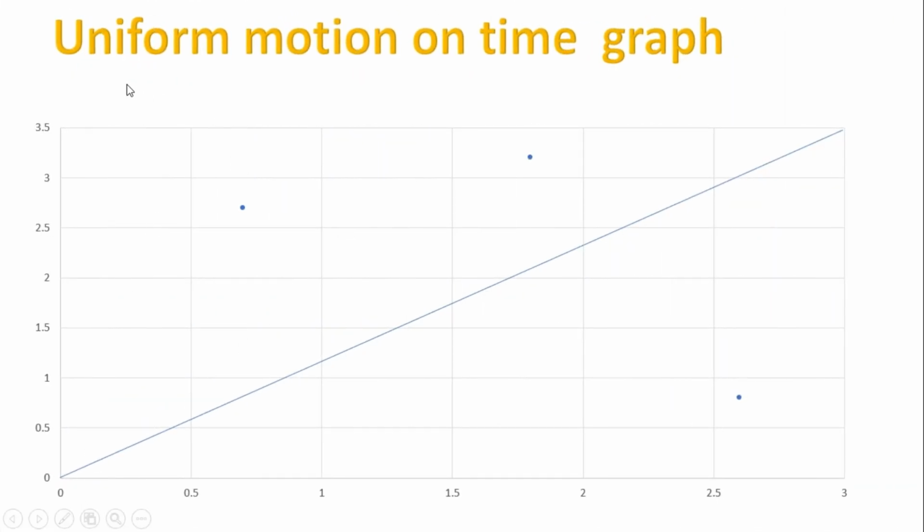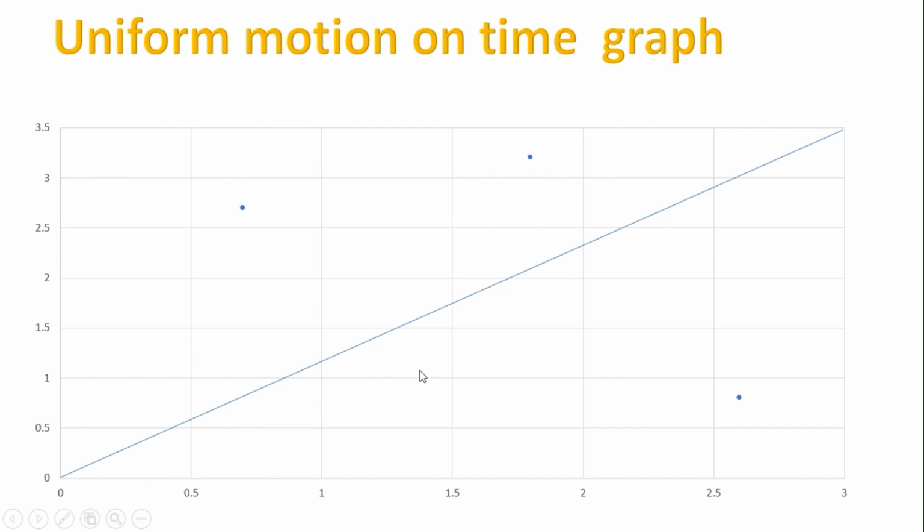Next, we'll be representing motion on the graph. So as you can see, uniform motion on a time graph. Always when an object starts, whether it is uniform or non-uniform motion, it always starts from the quantity zero, and then it has gone up in a straight line.